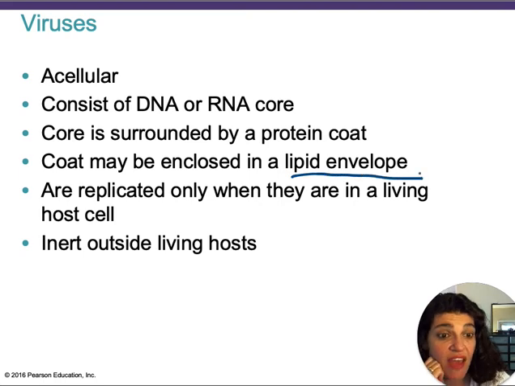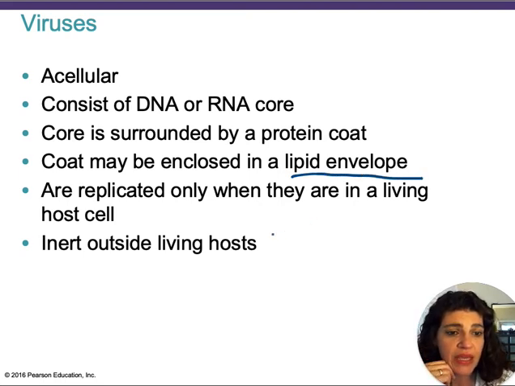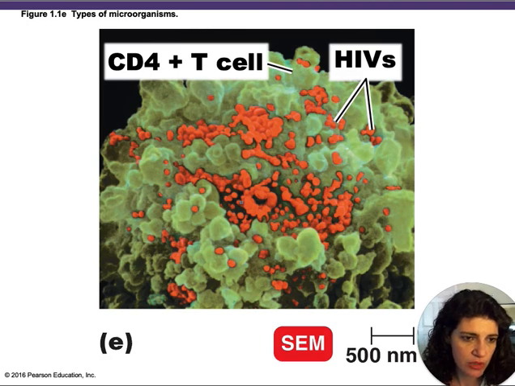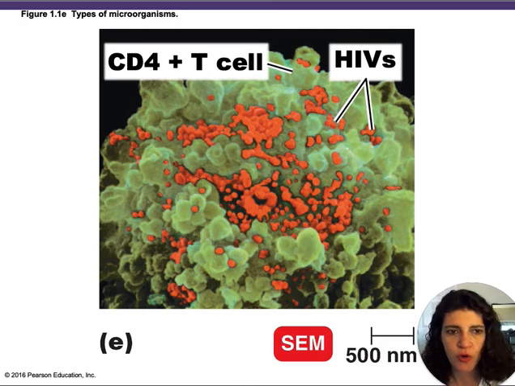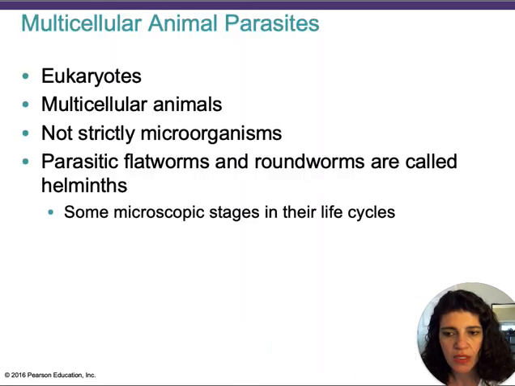They only replicate inside living cells. They cannot replicate outside of cells. And this is how viruses look on top. This is an HIV virus on top of CD4 positive T cells.